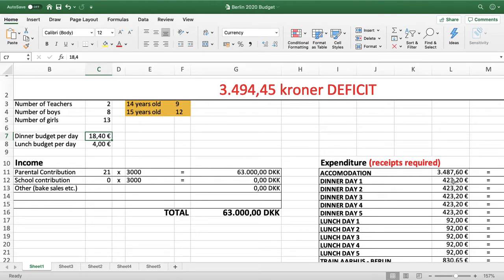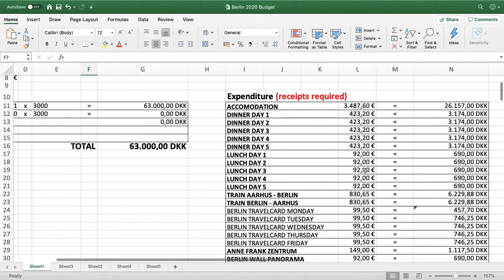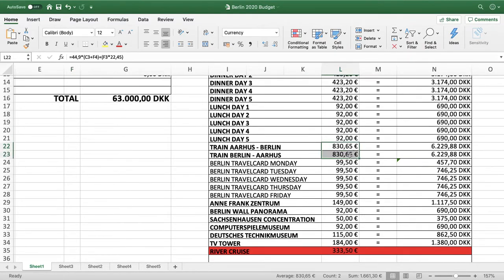So all of this dinner budget was set up as a formula with the numbers of people and the budget for dinner per day. In a similar way, I also had a lunch budget, and then I had the various costs of the trains, transport tickets whilst we were in Berlin, or would have been in Berlin, various activities that we would have done and their costs.